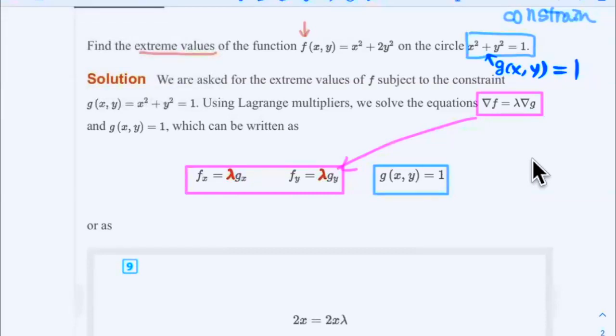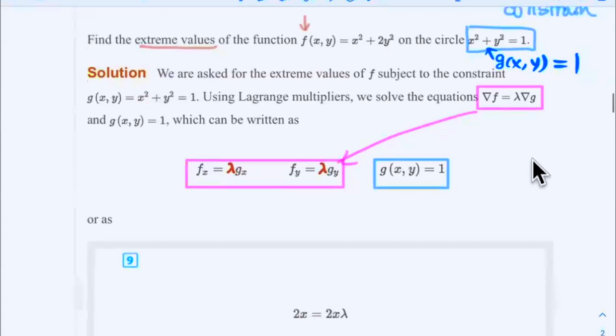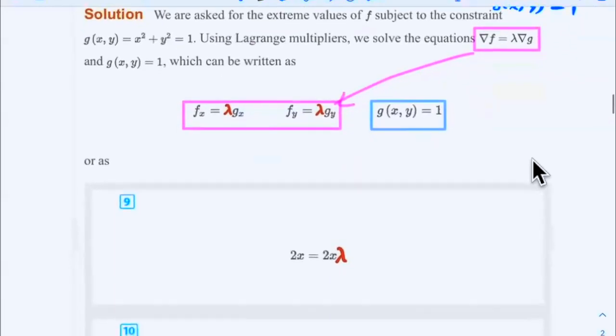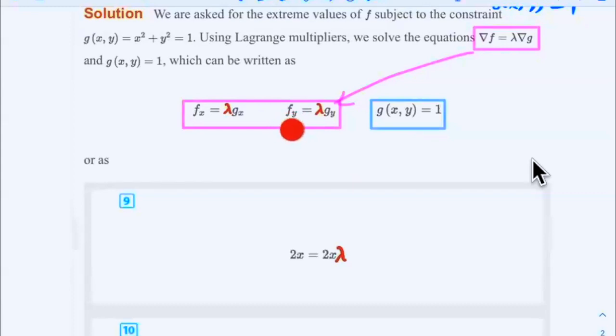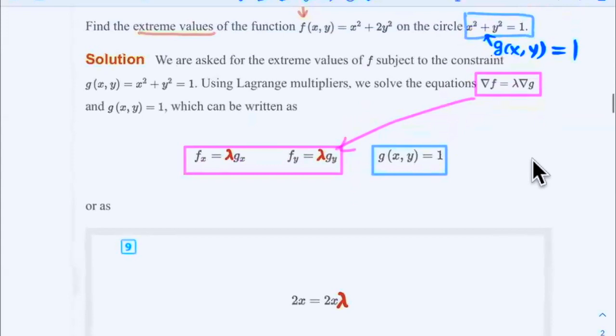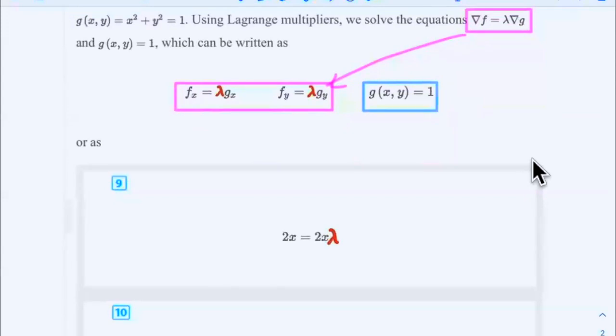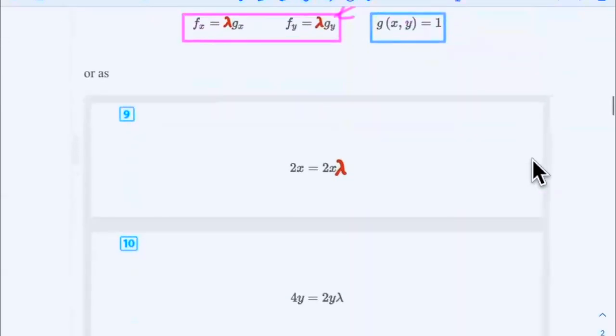Yes, 2x. So in this case, both partial derivatives of f and g with respect to x are 2x. And they're related by this lambda. What about this equation? The partial derivative of f with respect to y is going to be 4y. And then what's the partial derivative of g with respect to y? 2y, right? So 2y times lambda. This lambda right here.